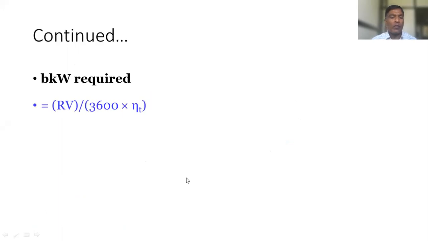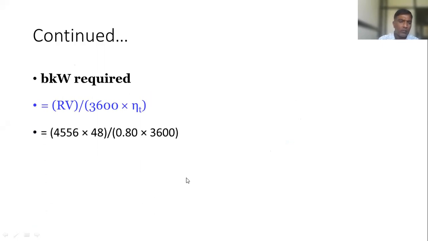So next line you can write, BKW required is equal to R times P. Write down this step and calculate.